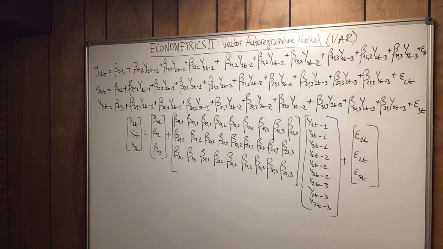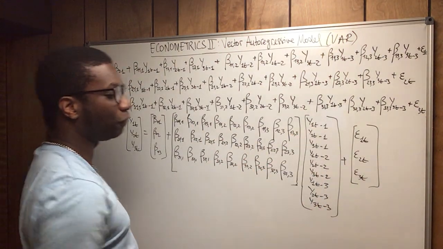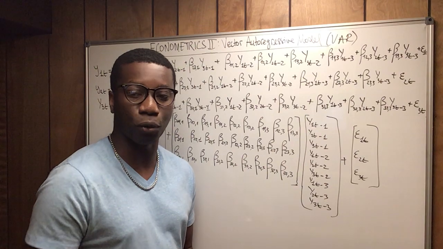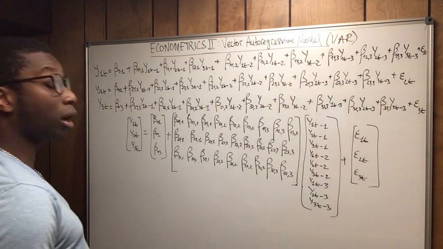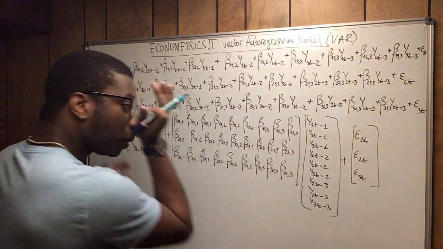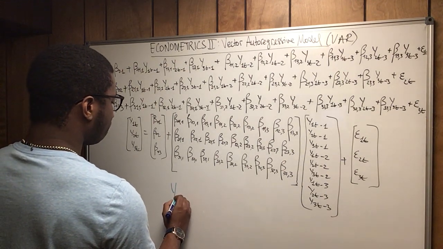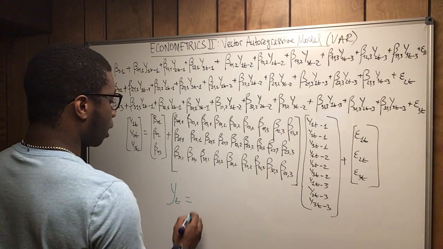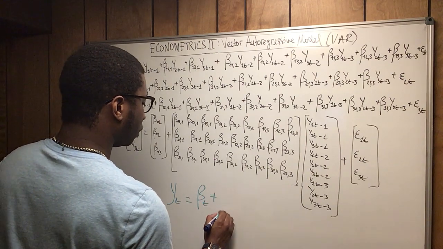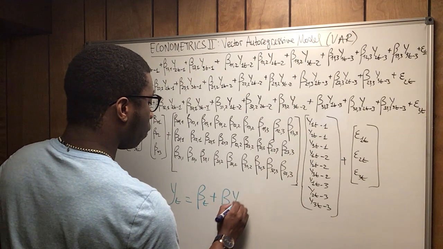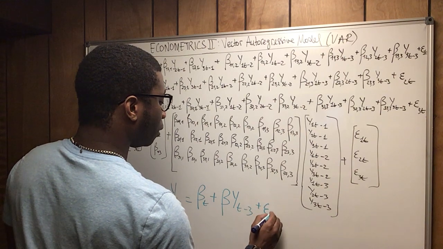All right, guys, do I really need to go over the multiplication of everything? I think you guys got the idea at this point. But let's write it into a compact form now that we developed the matrix part. So it's going to be yt equals beta 0 plus beta 1 yt minus 1 plus beta 2 yt minus 2 plus beta 3 yt minus 3 plus epsilon t.